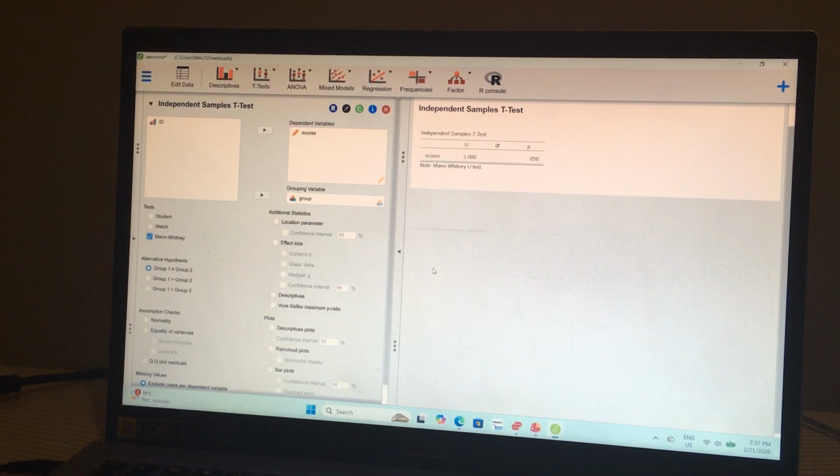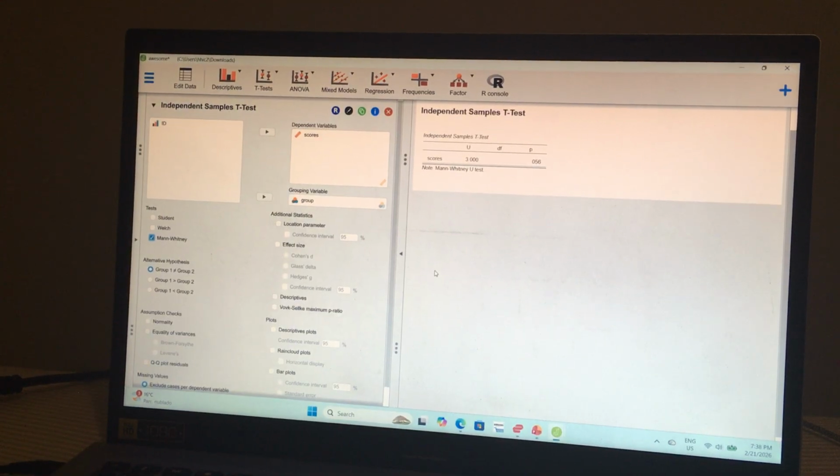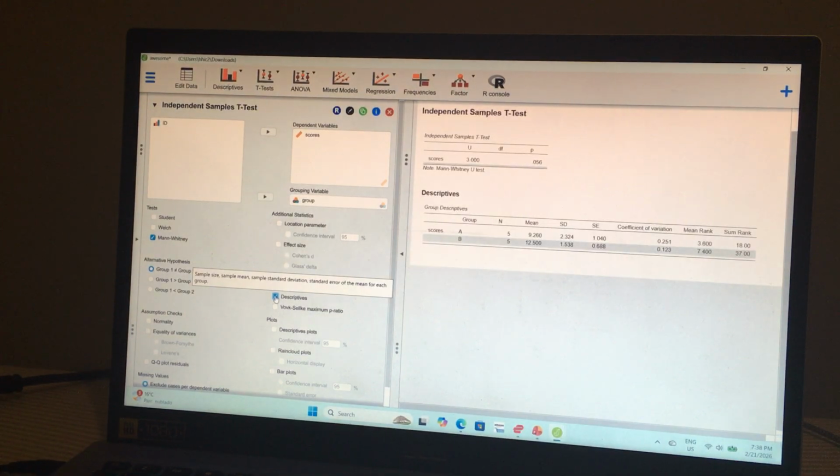So if we were going to practice summarizing the data, again, we could grab the descriptive statistics here to help us.